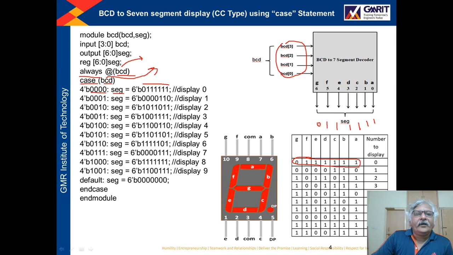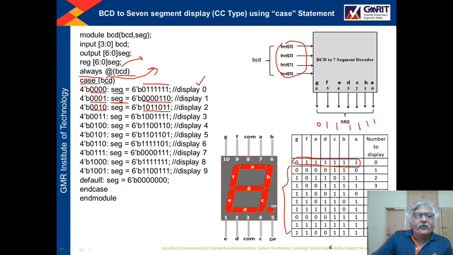Here I have written a comment also: display 0. Next, if the BCD input is 0, 0, 0, 1, then we assign 0, 0, 0, 0, 1, 1, 0 to the SEG output. If the input is 0, 0, 1, 0, then this set of values we have to display. In this way, whatever binary values we have written here, exactly the same we are assigning.